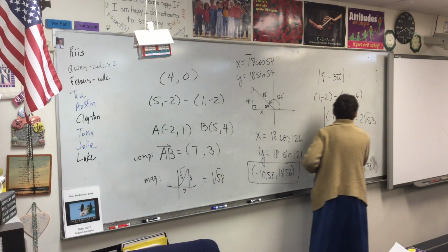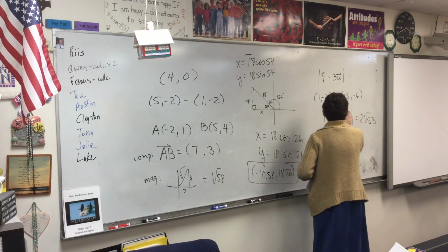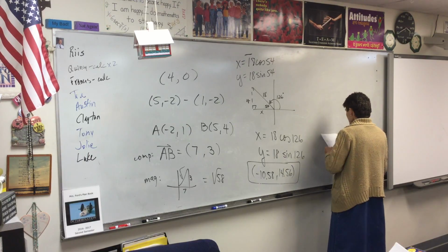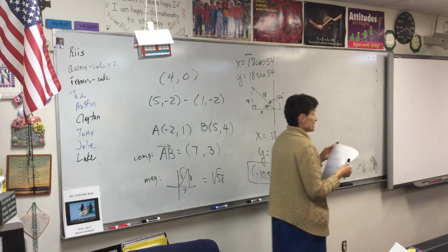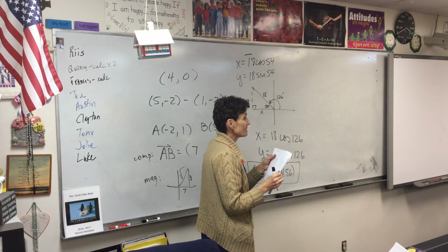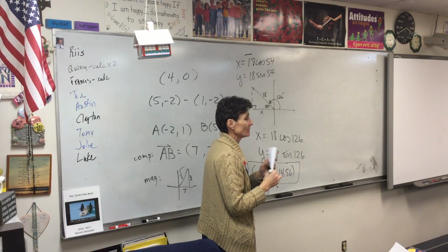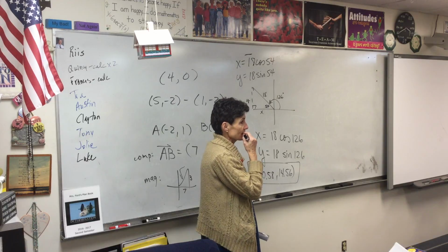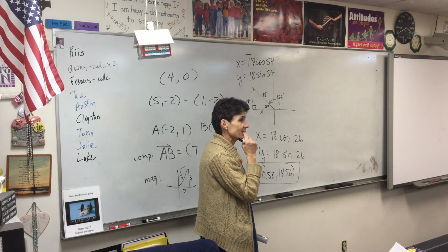Alright, question number 5 says, find the angle between V and U. We have a little formula for this. Anybody remember what it is? Well, no, it's not radius times radians.